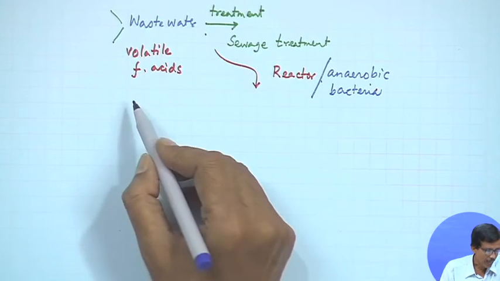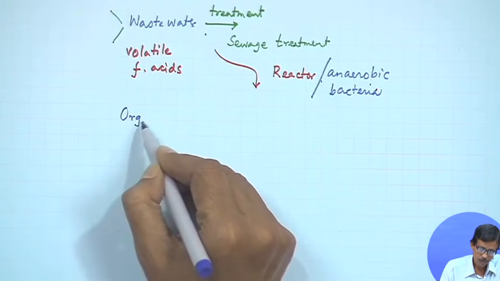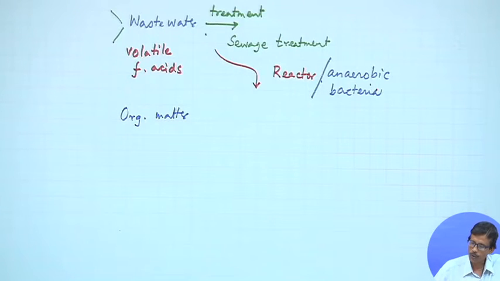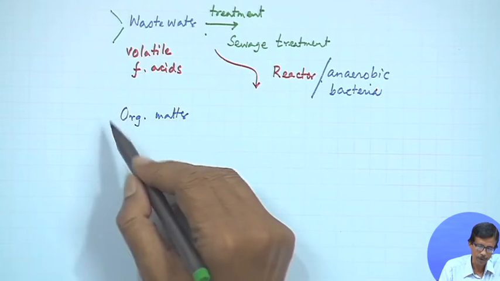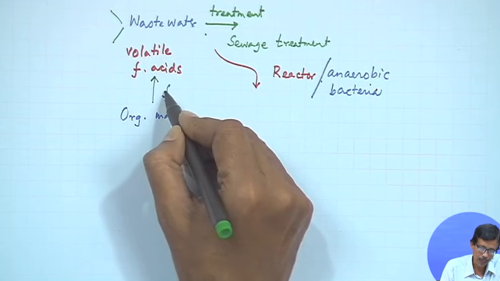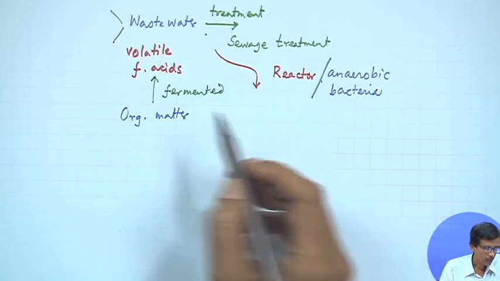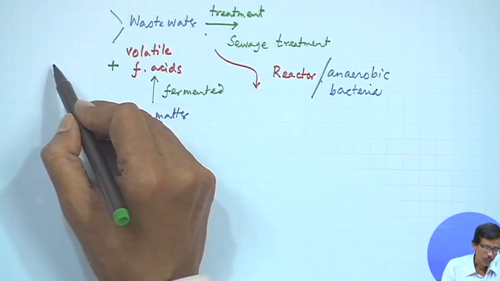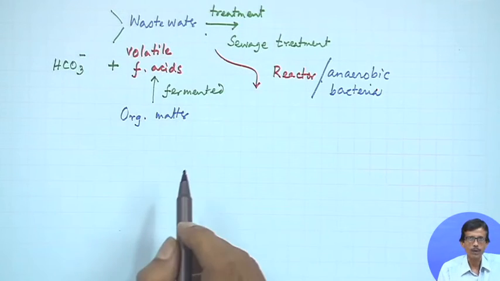That means the industry involved in this particular industrial process is handling some amount of organic matter, and when these organic matters are fermented, they produce a large amount of bicarbonate ions in the form of carbon dioxide.